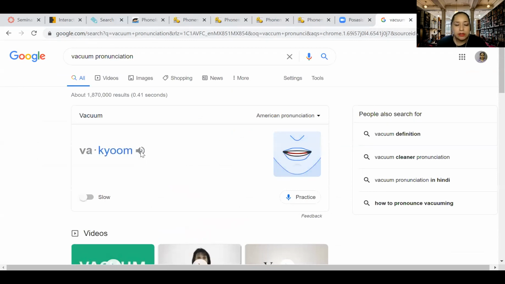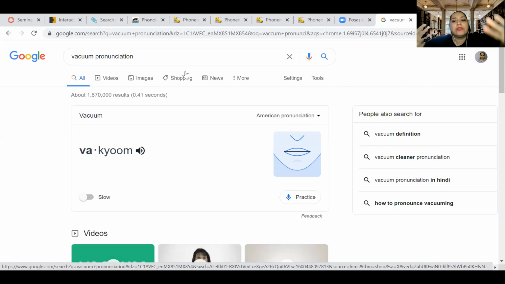But listen to it. Vacuum. It shows you how to move your mouth. Vacuum, vacuum, vacuum. So my advice is to practice all of this. If you don't know what the phoneme goes to, just go to this place and practice the pronunciation.